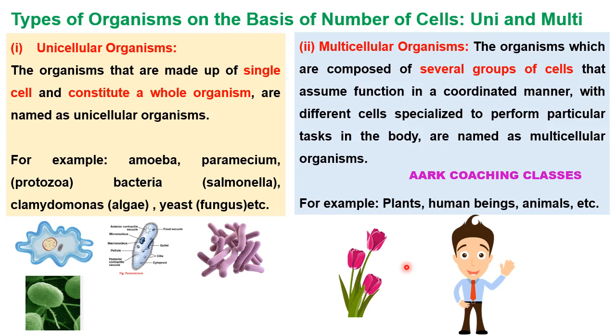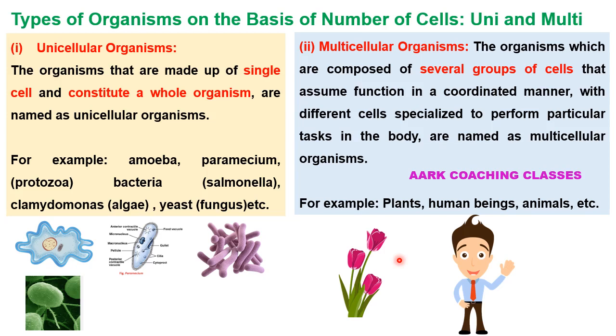So multicellular. So they assume function in a coordinated manner. So there is some coordination between all these cells. Nervous system, organ system, brain is there, spinal cord is there, nerve cells are there. Okay, they are working in a coordinated fashion, right? Then your digestive system. What are the organs in the digestive system? Right, your food canal. Then some of the organs are stomach, intestine.